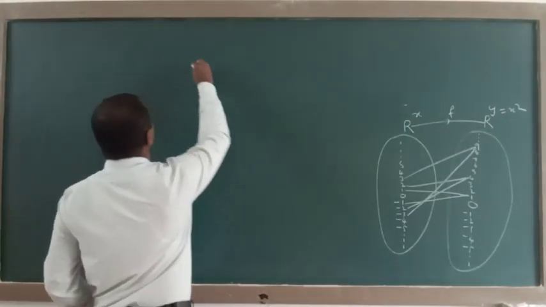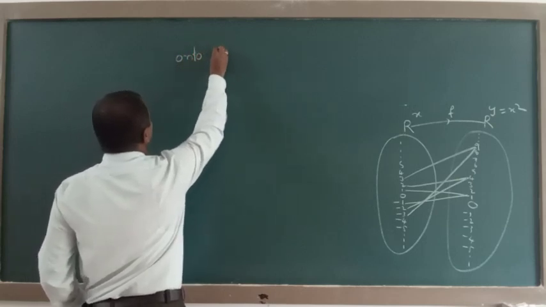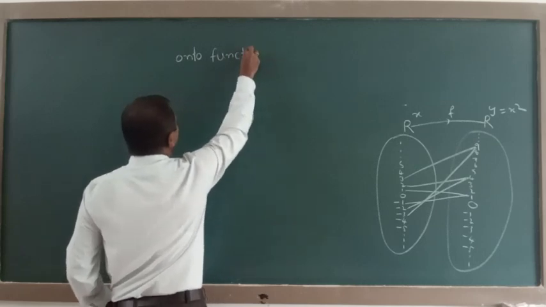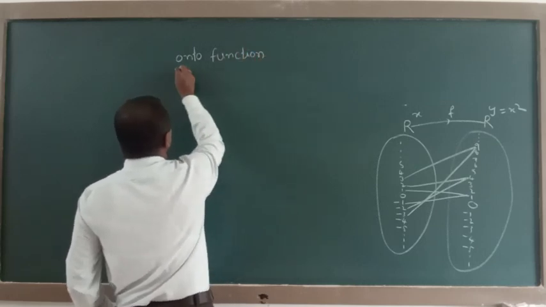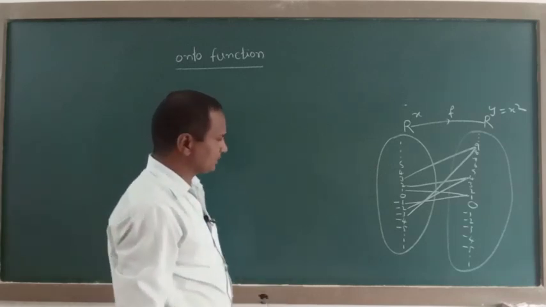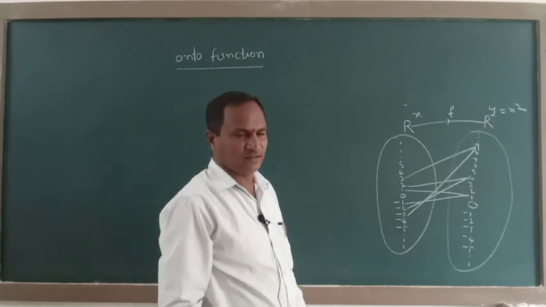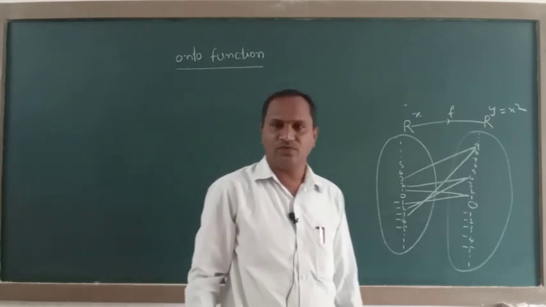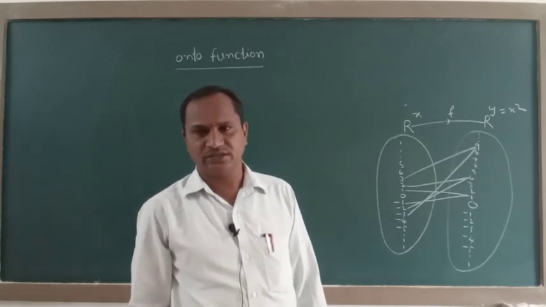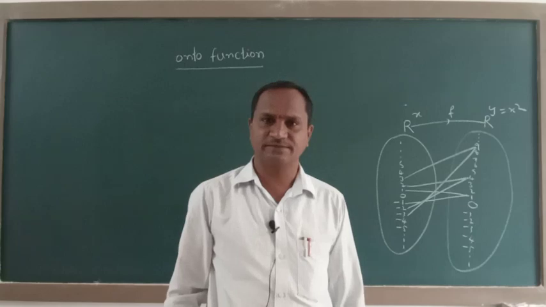Onto function. So clearly, if you observe here, in the definition of onto function, I told codomain is equal to range, then only that function f is said to be onto function.